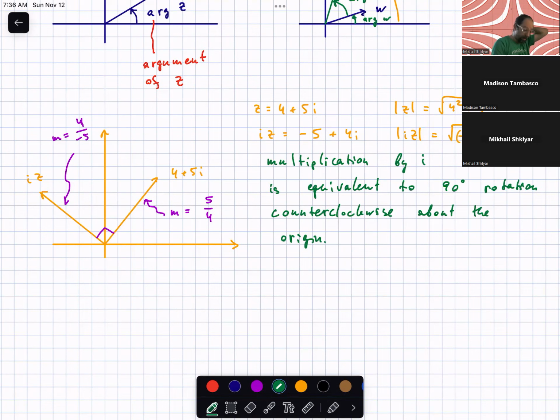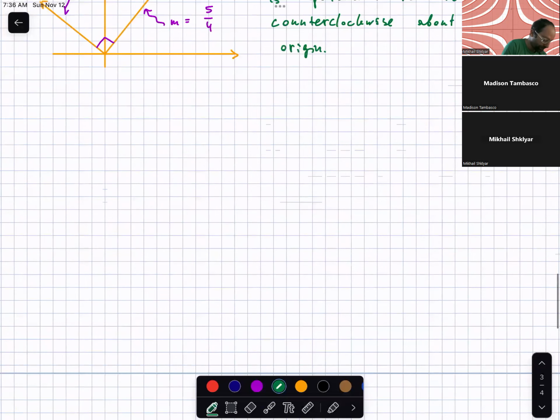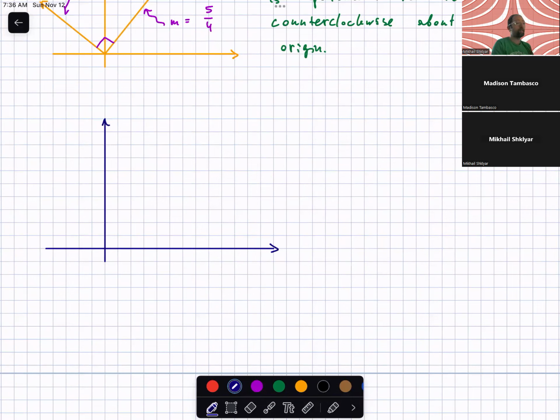Okay, so let's try another example. Let's try to multiply by something like 1 plus i. Let's say we have 3 plus 4i, and you multiply it by 1 plus i. So I could graph it here and see what happens, but what I'm actually going to do is multiply it out in a weird way, and we'll see what's going on.